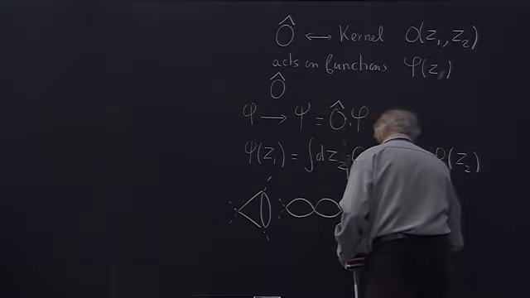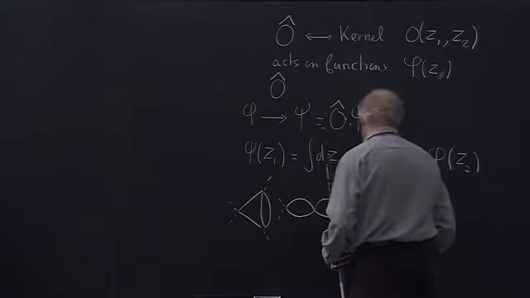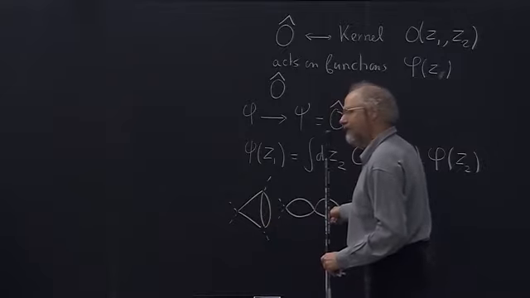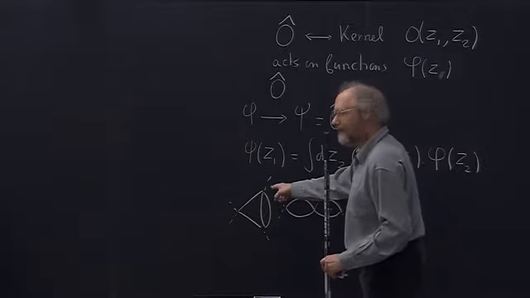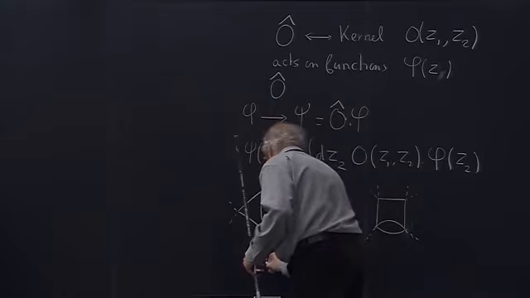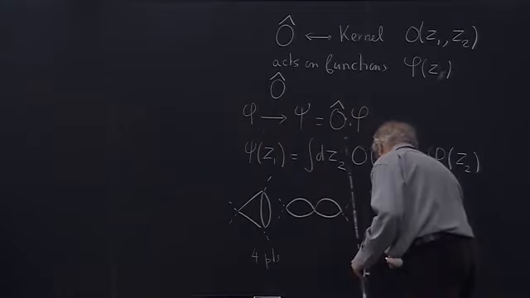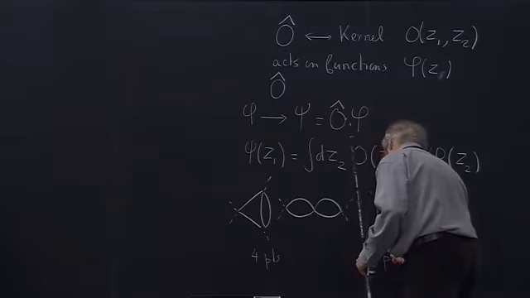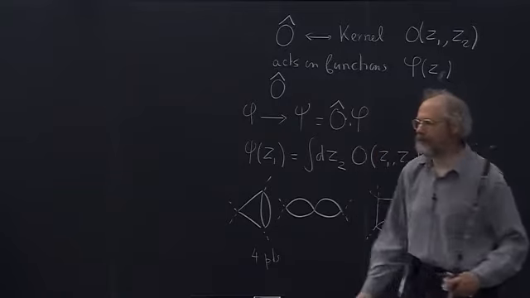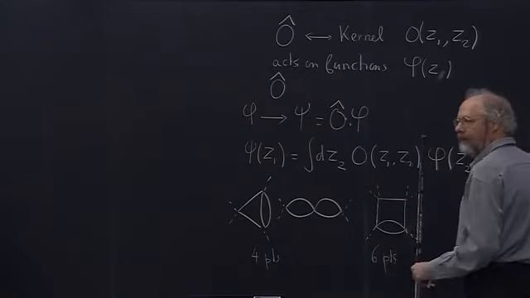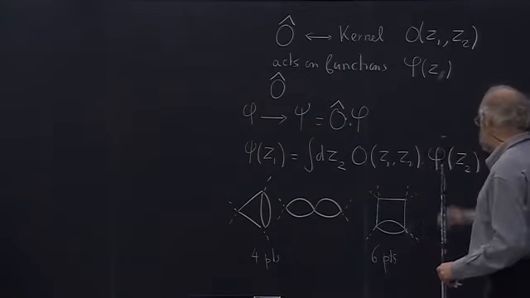I'm sorry, there's only one. You see, these are two loop diagrams with 4 external legs, 4 points. This is a two-loop diagram with 6 external legs, so it's a 6-point irreducible diagram. They appear at order h bar squared.